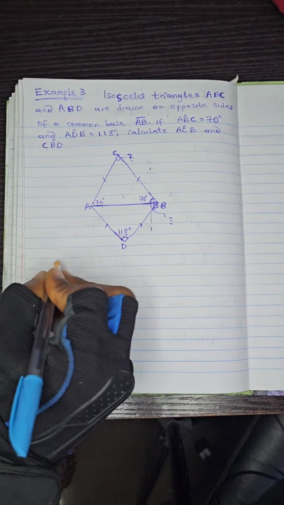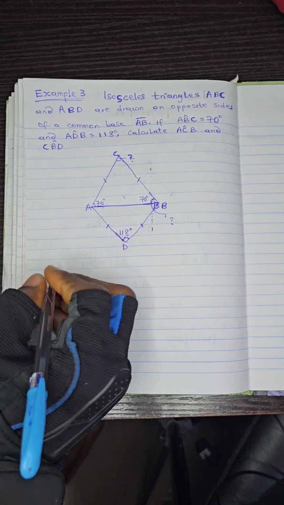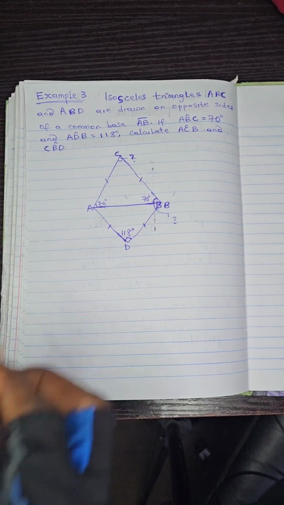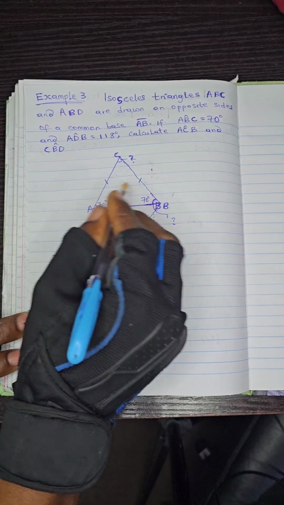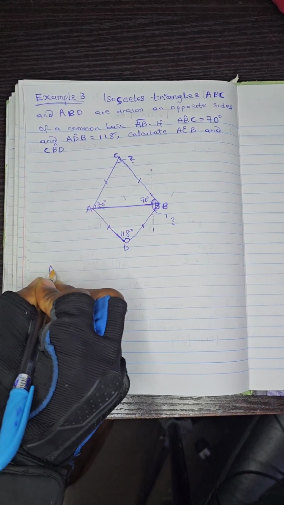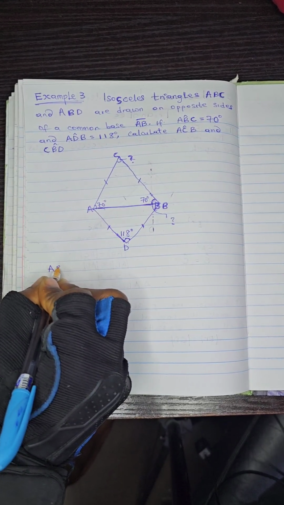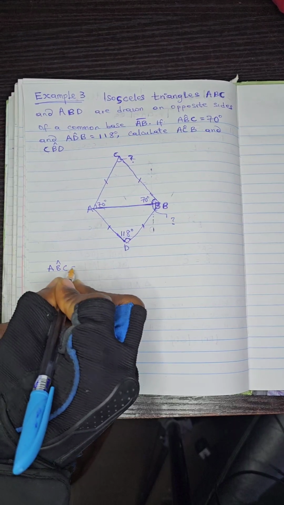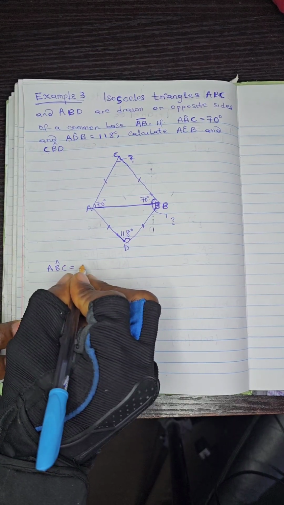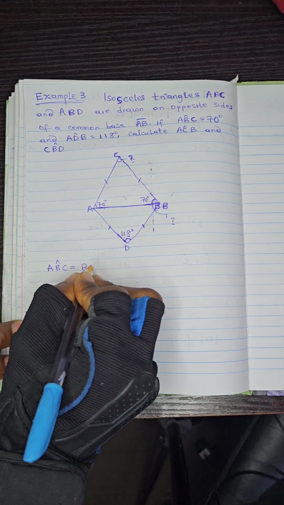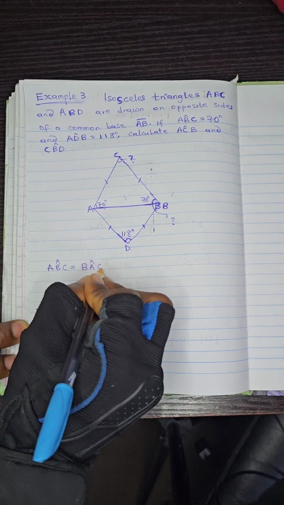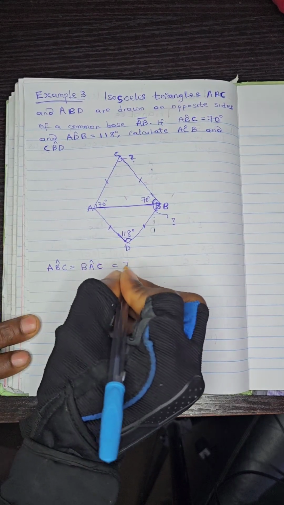If here is 70 degrees, what would here be? Let me solve for ABC so we understand what we are doing. Since both are isosceles triangles, we already know that ABC will be equal to BAC, right? So both of them will be equal to 70 degrees.